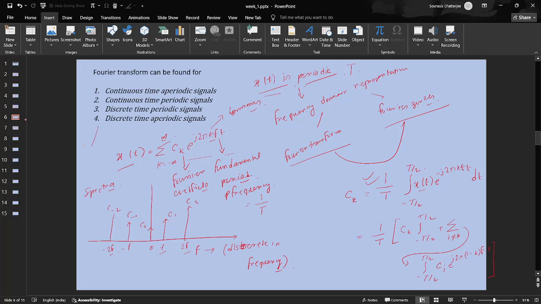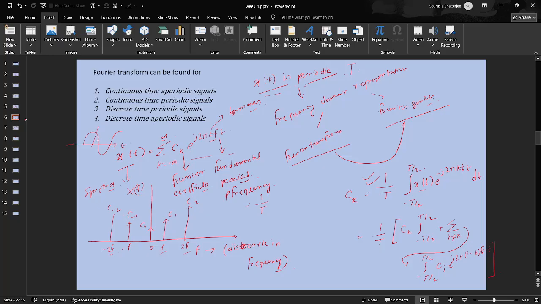So let me just clarify it. Let's say x(t) is a sinusoid like this. So this is its time domain representation. Since it's a periodic signal, we can have its Fourier series representation. X(f) is nothing but the frequency domain representation of x(t). When I plot it in the frequency domain, we can see that non-zero values appear only at the integer multiples of the fundamental frequency, and these values I am calling the spectral components.